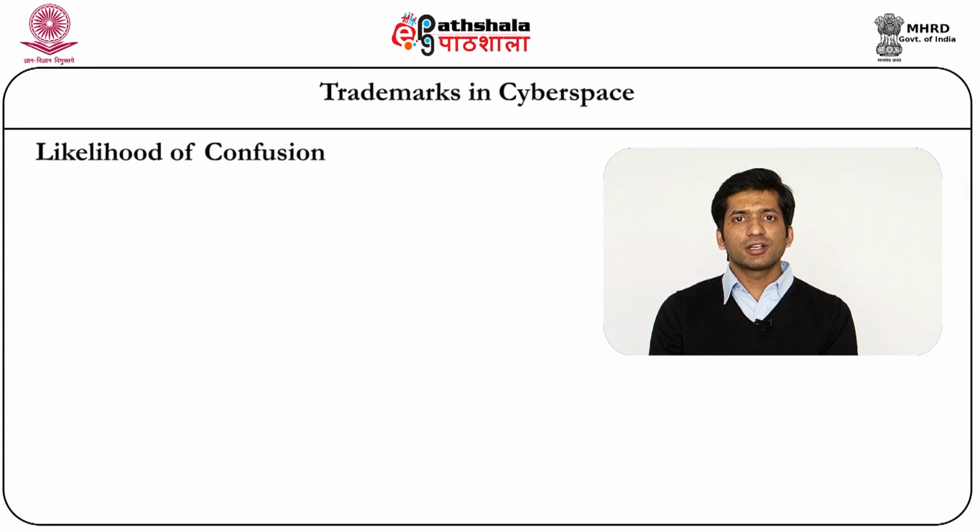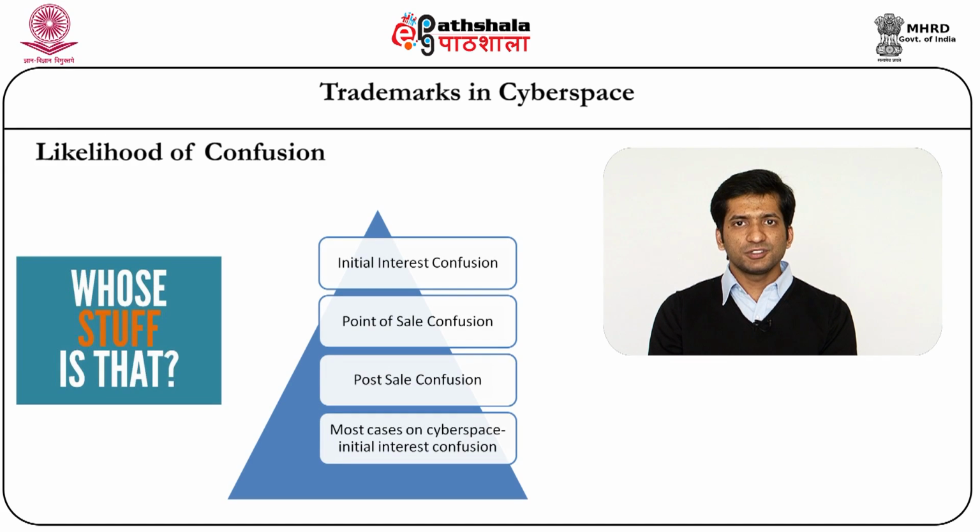Likelihood of confusion may occur in three different levels. The first one being initial interest confusion. Initial interest confusion occurs when at the time of advertising the usage of a similar or identical trademark is made and a potential buyer is confused with respect to the origin of goods. Let us say that I intend to buy a new car and there is a specific model that I want to buy, which is being Maruti Ritz.